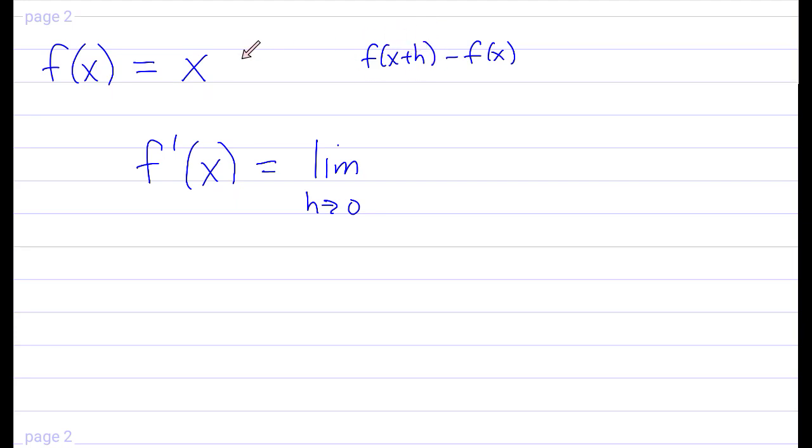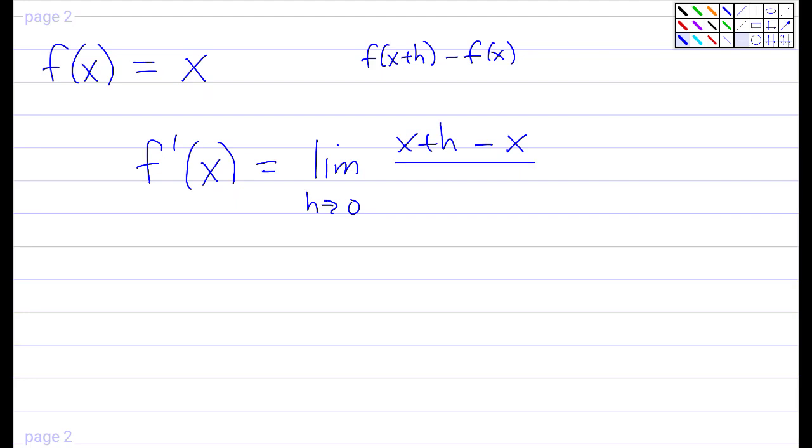Every time you see an x in our function, substitute x plus h. So instead of x here, f of x plus h is just going to be x plus h. Easy as that. Next, we subtract this function, which is simply minus x, and that's all over h, because that's our definition of the derivative.